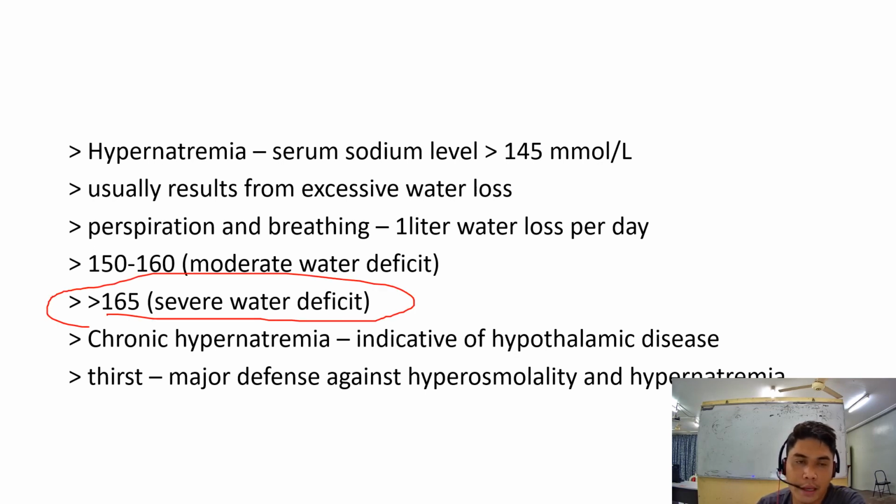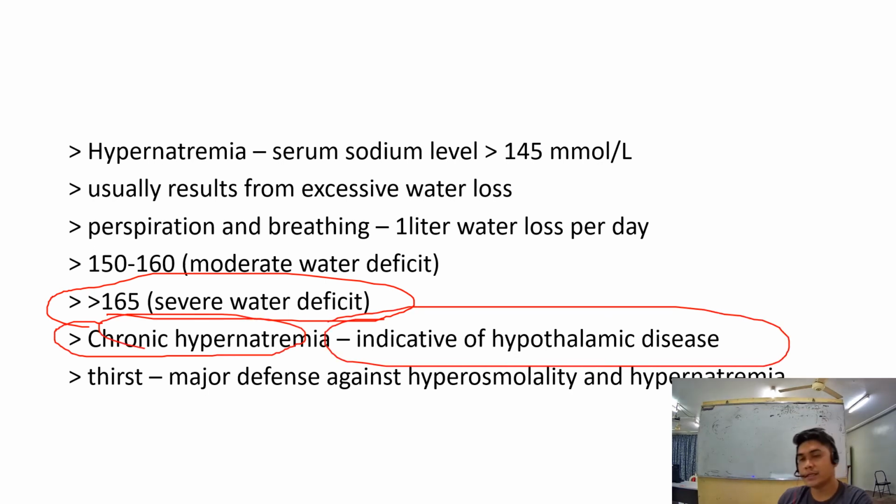And chronic hypernatremia is indicative of hypothalamic disease, because it's easy for our body to avoid hypernatremia if it is able to activate the thirst mechanism. If there's excessive water loss, the way to compensate is to drink water. If there's no activation of the thirst mechanism, then the patient will experience chronic hypernatremia.